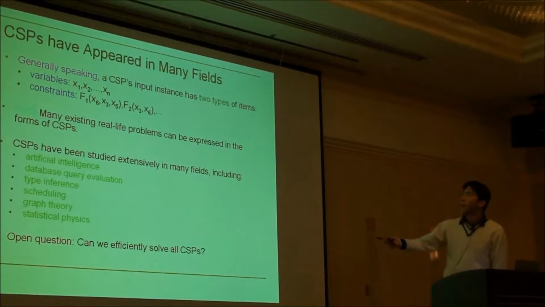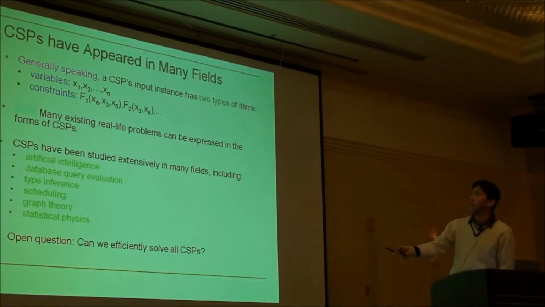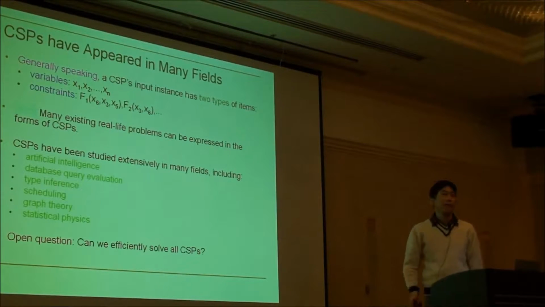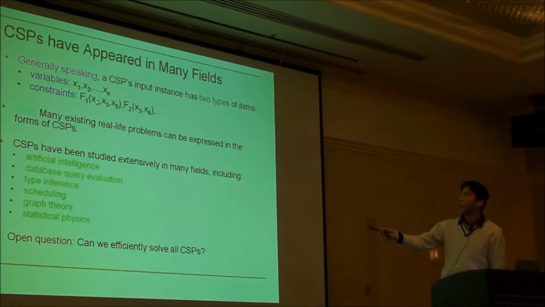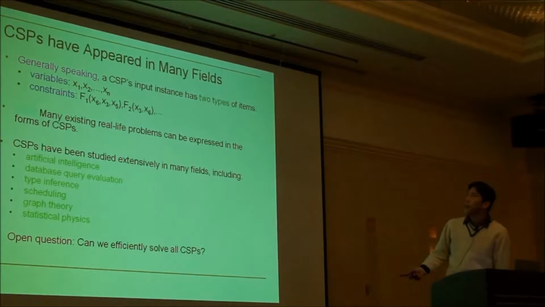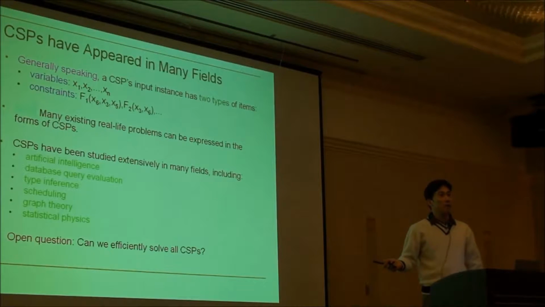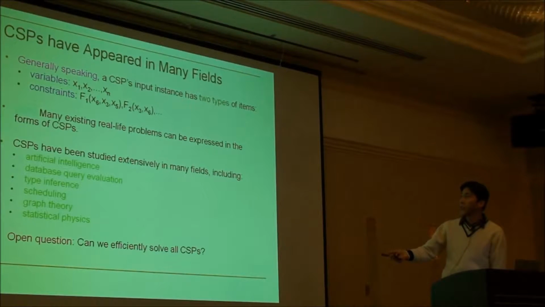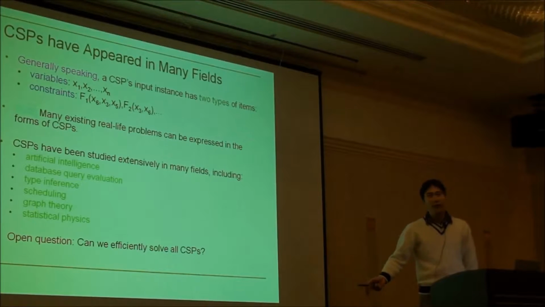Now, generally speaking, a CSP takes two different types of items as input. The first one is the variables, and we have a bunch of constraints that are defined over the variables. CSPs can be found in many different areas, including artificial intelligence, database theory, scheduling, graph theory, and even statistical physics.